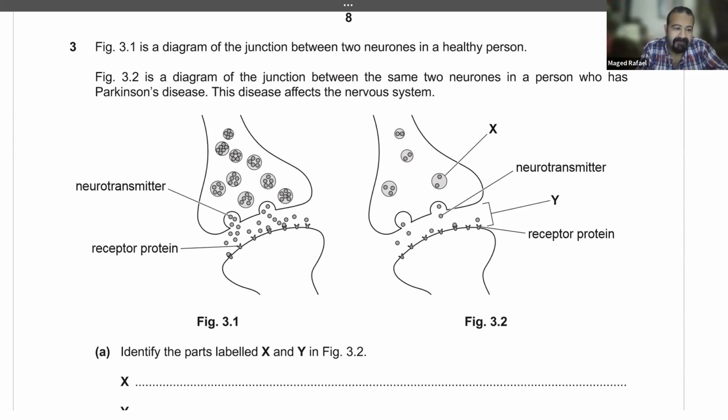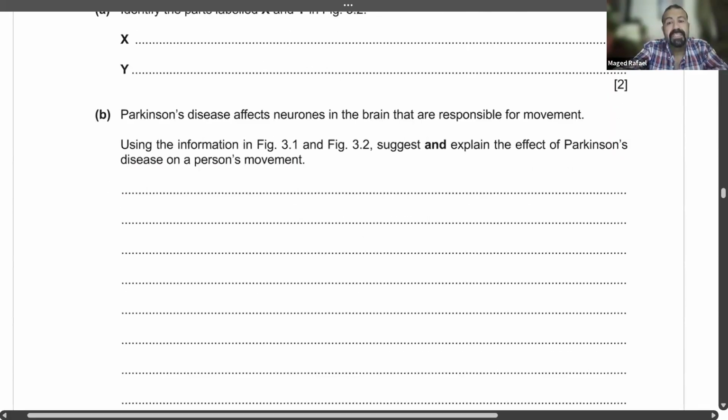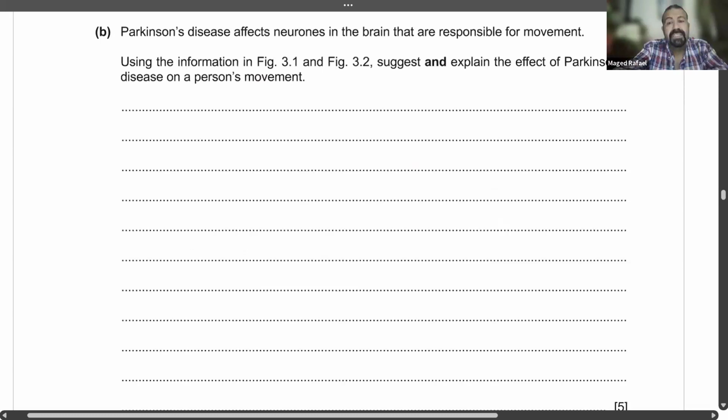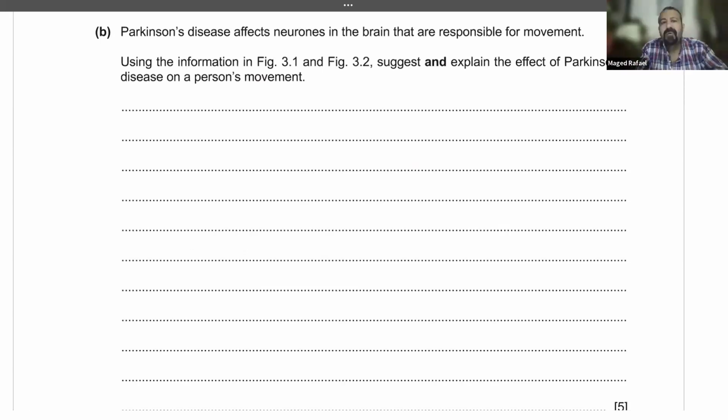I think if I wrote all of this, this means I reached the target of the question. We suggested what will happen for the movement. It will slow down. And we explained how this will happen in Parkinson's disease. Yes, exactly. But you need, Malak, to link this.